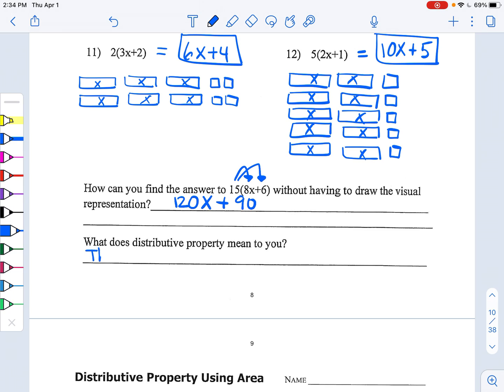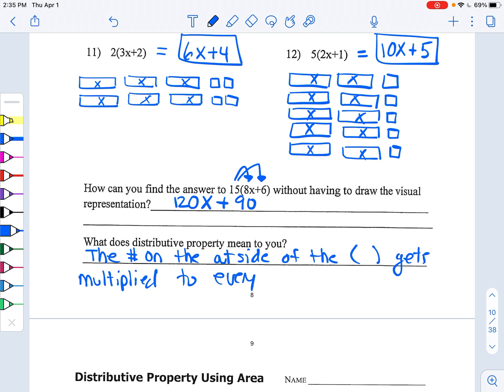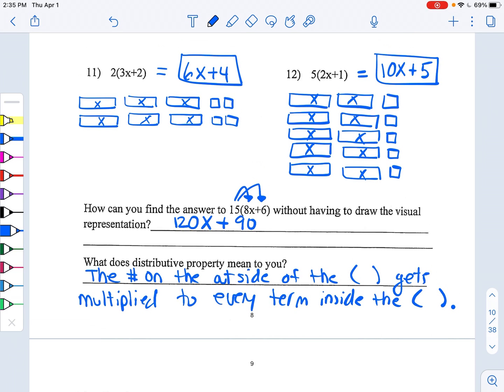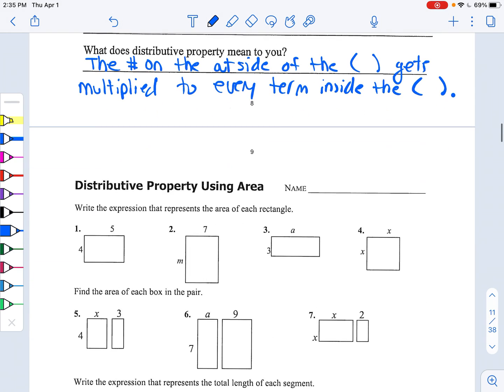So I would say as simple as the number on the outside of the parentheses gets multiplied to every term inside the parentheses. The number on the outside of the parentheses gets multiplied to every term inside the parentheses.